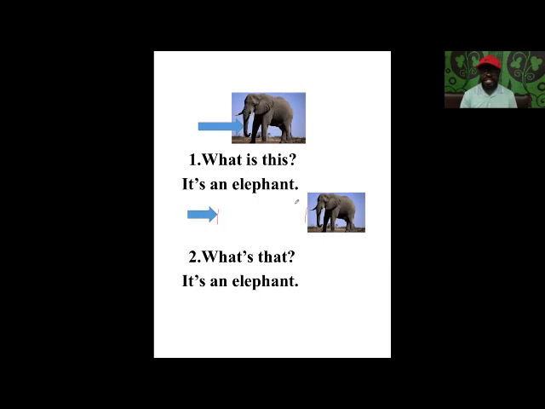You are pointing. You are not touching. So we use that. What's that? It's an elephant. What's this? It's a book. Question now. What is that? That's a book.